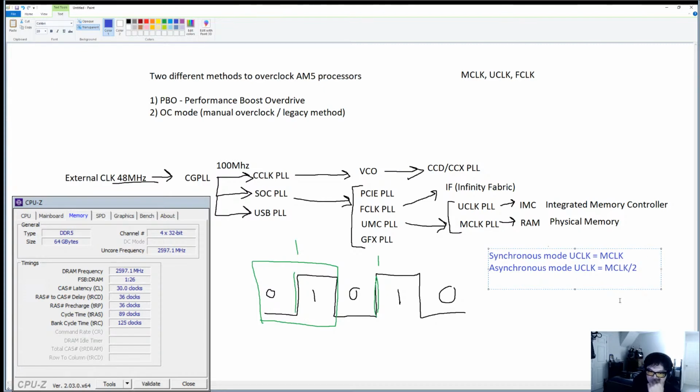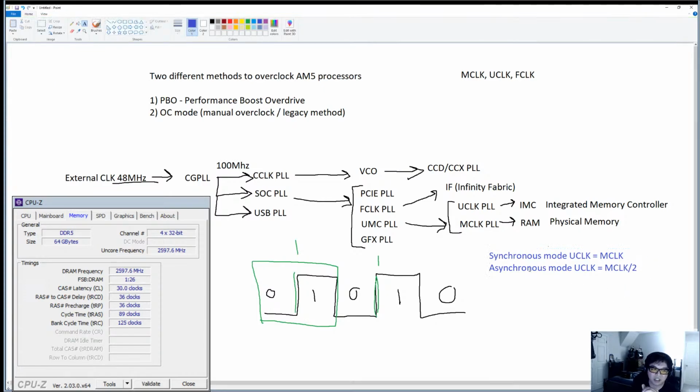So that's asynchronous mode. What that looks like is instead of 1 command per clock cycle, it means 1 command every other clock cycle. So for 2 clock cycles, I will execute 1 command to memory. Or I'll send one command to memory every other clock cycle.